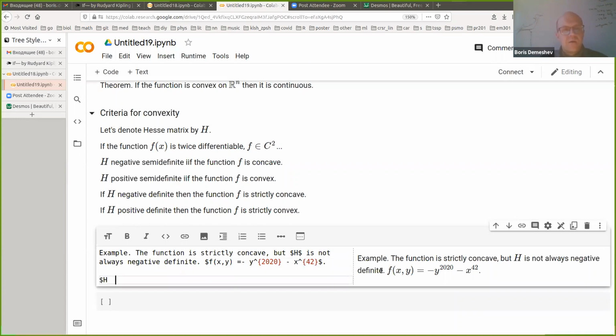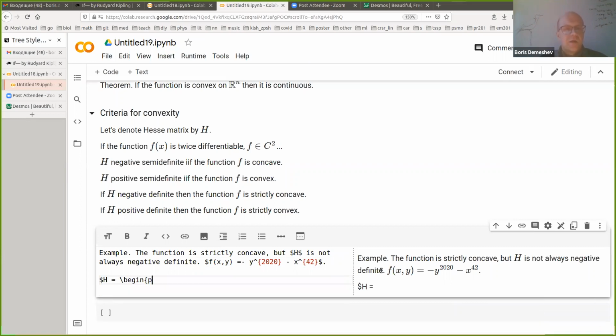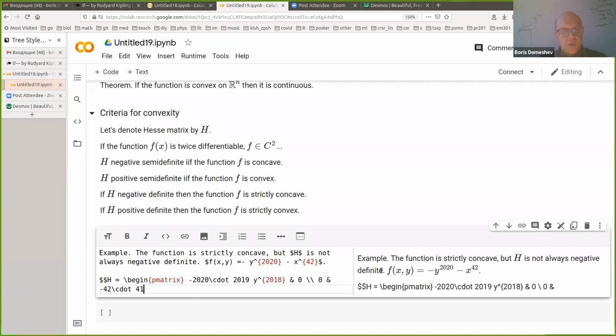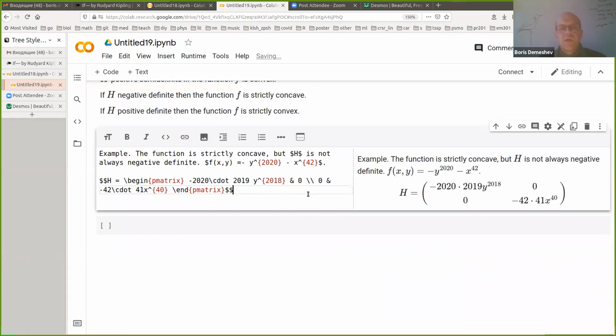But if I consider the Hesse matrix, it will have minus 2020 times 2019 times y to the power 2018, then 0, then 0, then minus 42 times 41 times x to the power 40. The Hesse matrix will look like this.